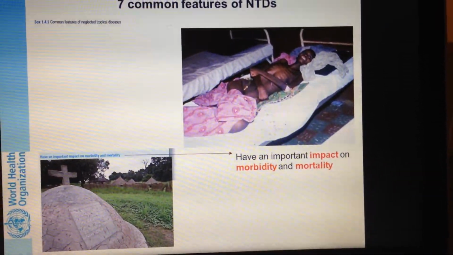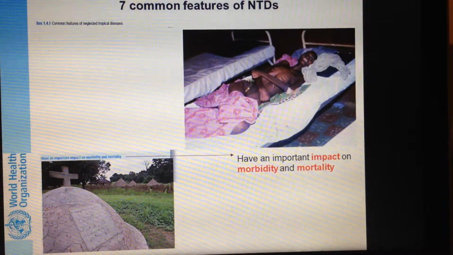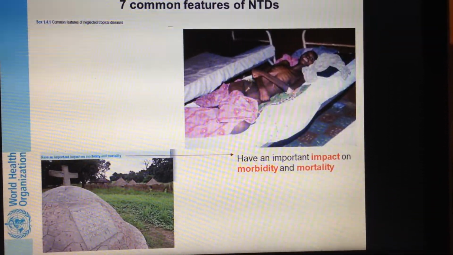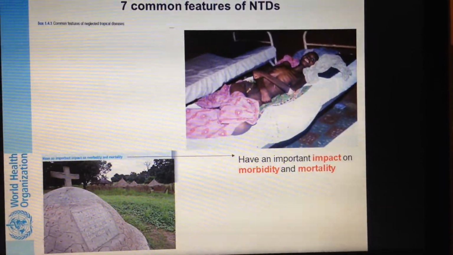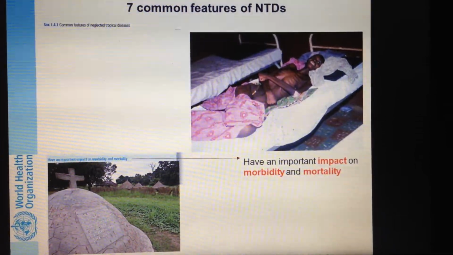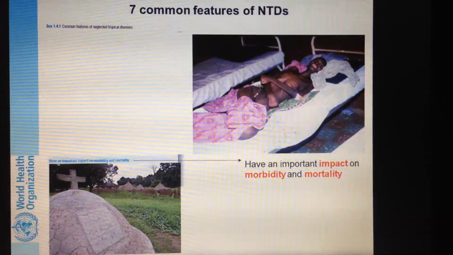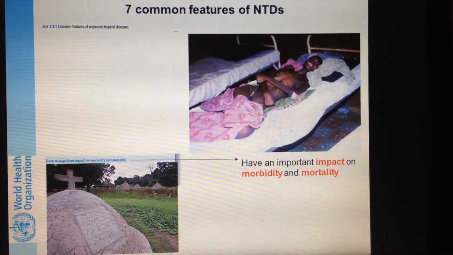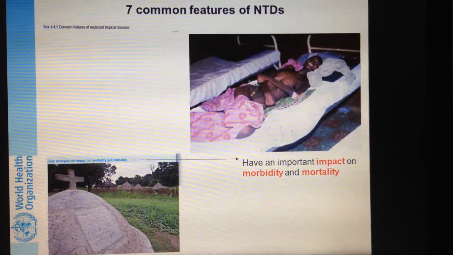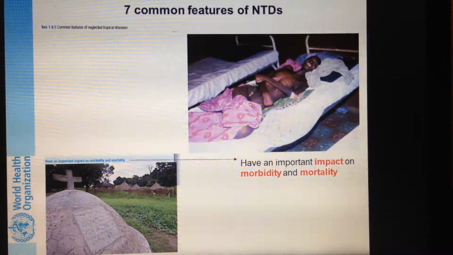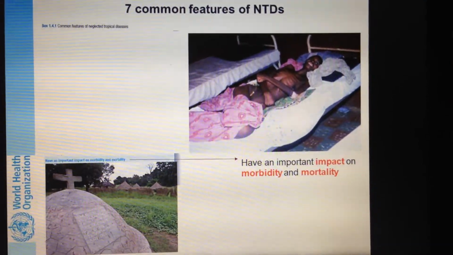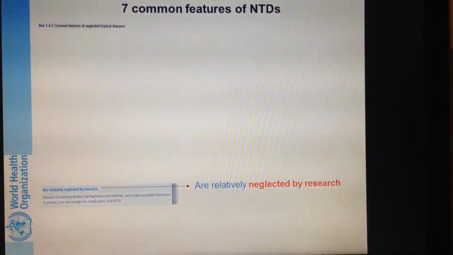We see a patient very emaciated, very thin, affected by sleeping sickness, and on the bottom left part of the image we see a cemetery in Africa, in the Zande land, a tribe that lives in Congo, Central African Republic and South Sudan, where the disease is highly endemic and thousands of people have died due to that fatal disease.